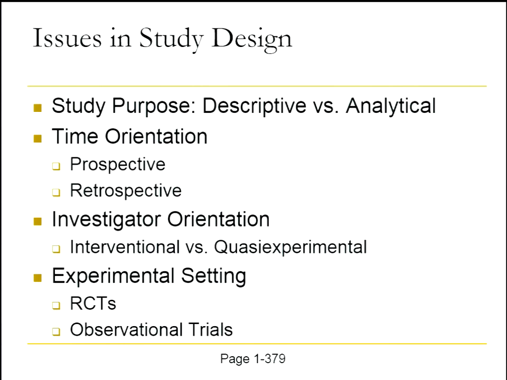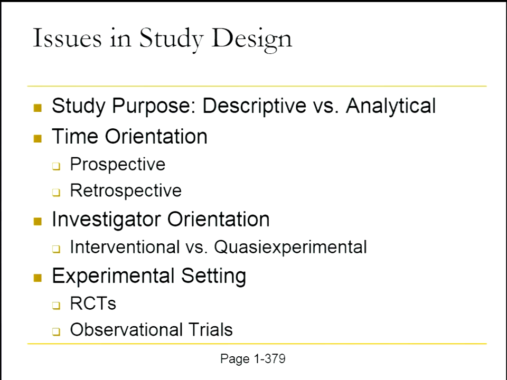All right, so when we think about study designs, we think about some factors related to the things shown on this slide. The first is, what's the purpose of this study? Is it a descriptive trial, or is it an analytical study? One that we're trying to simply describe, or one that we analyze and try to make some inferences about to other situations?